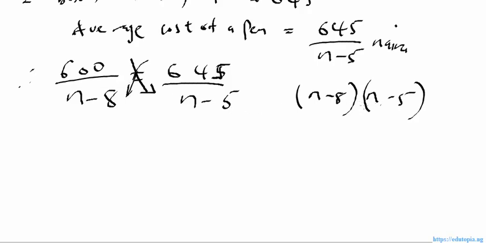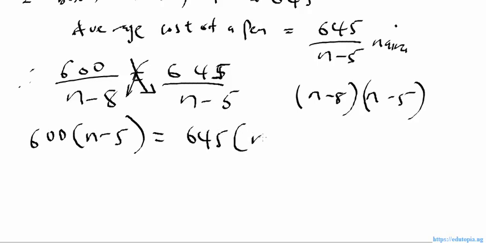If you multiply, N minus 8 cancels off and we're left with N minus 5. So N minus 5 is now multiplying 600, and when you do the same on the other side, N minus 5 goes out and you're left with N minus 8. You can see 645 multiplied by N minus 8, so you arrive at the same answer. So automatically we have 600 into N minus 5 is equal to 645 into N minus 8.